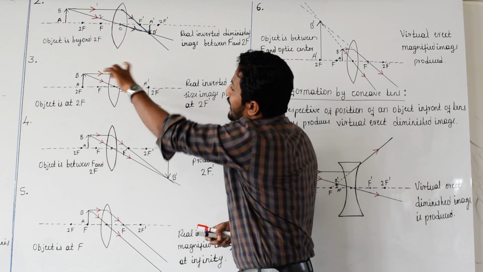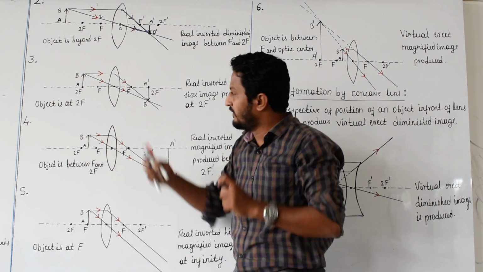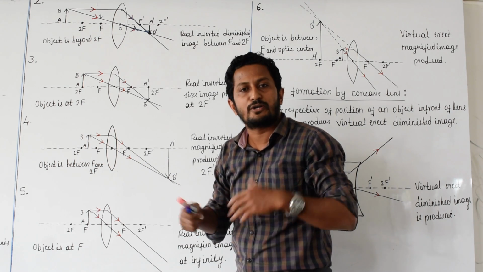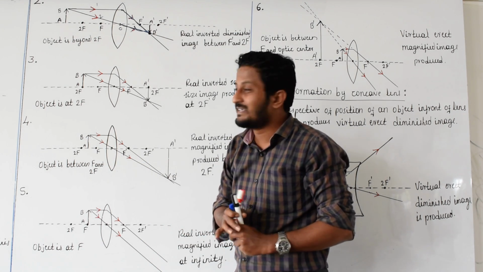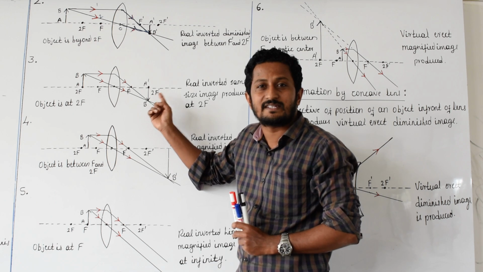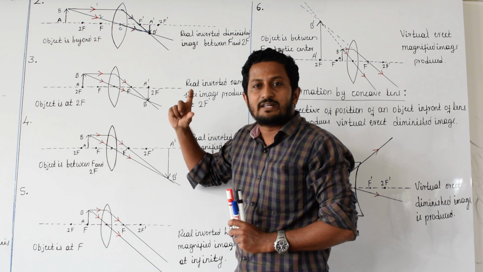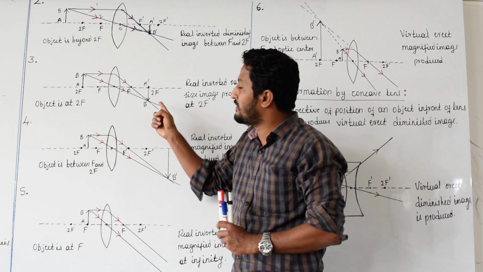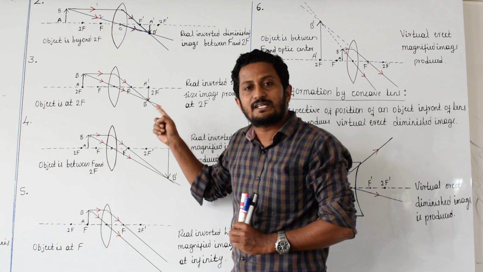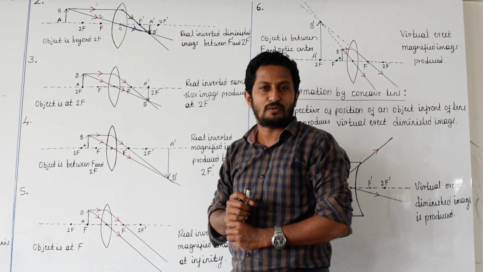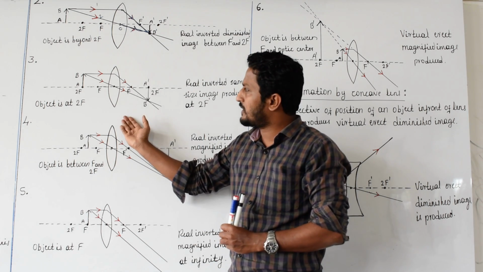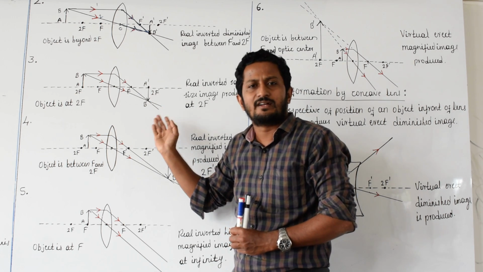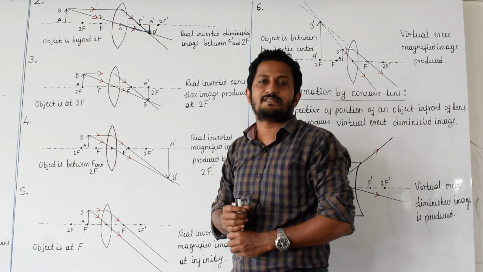And you can even observe the height of the produced image with respect to the object. What do you find? You will find the same size, same height image is produced. Same size image produced at 2f only. Very important. Object placed at 2f, image obtained also at 2f, same size.